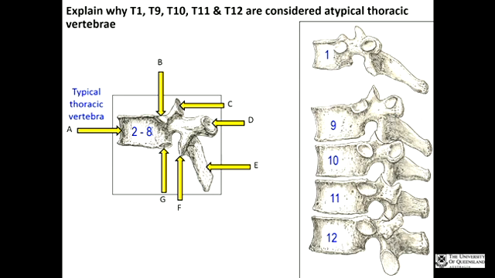So on the right-hand side, we see the atypical vertebrae. This is lifted from your lecture on the subject. On the left-hand side, we have a thoracic vertebra. We can see it's a thoracic vertebra because it's got these costal facets. And just think for a moment, what are the names you would apply for A, B, C, D, E, F, and G?